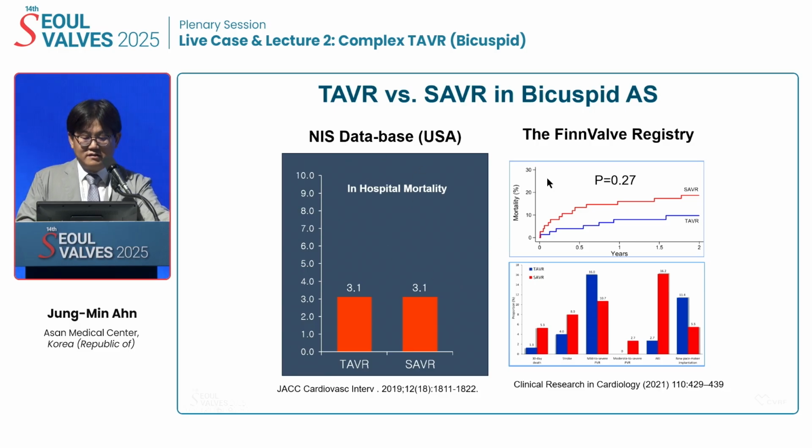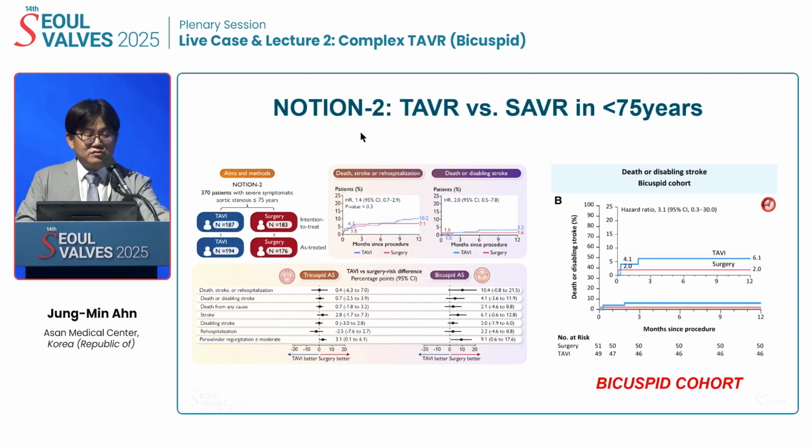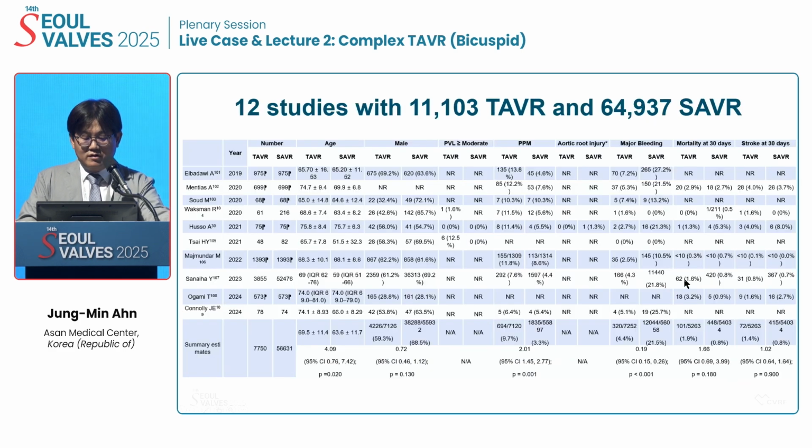studies, a US study and a Finland study, showing no difference in hospital mortality between TAVR and SAVR for bicuspid aortic valve disease. But in the Notion 2 trial, which I also mentioned before, the bicuspid cohort had a numerically increased risk of death and stroke, not statistically significant.